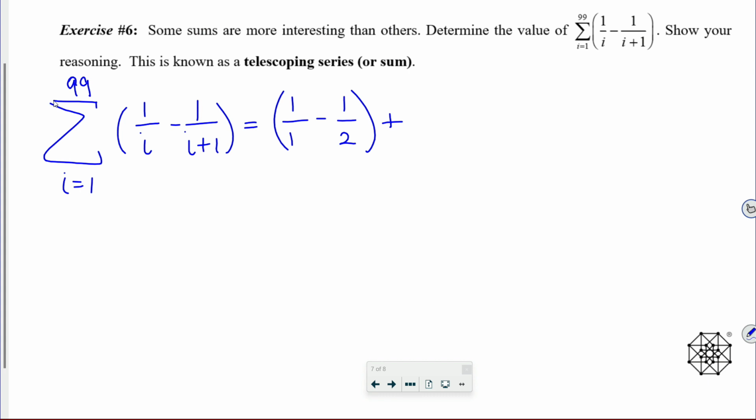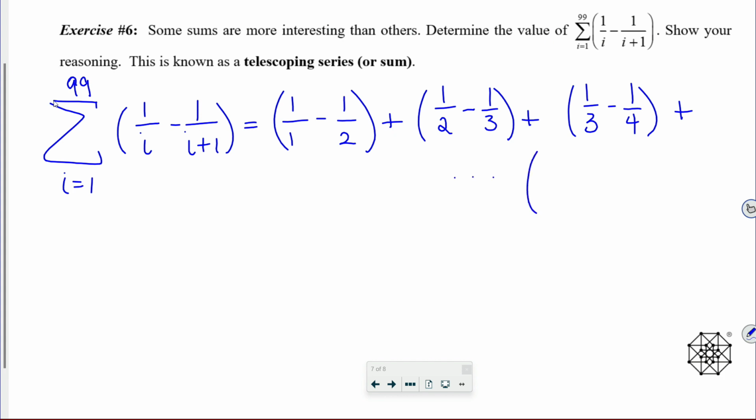Then I bump i up to 2, and I would get 1 divided by 2 minus 1 divided by 3. And then I would bump up i again, and I would get 1 divided by 3 minus 1 divided by 4 plus dot, dot, dot. And then my final one would be 1 divided by 99 minus 1 divided by 100.